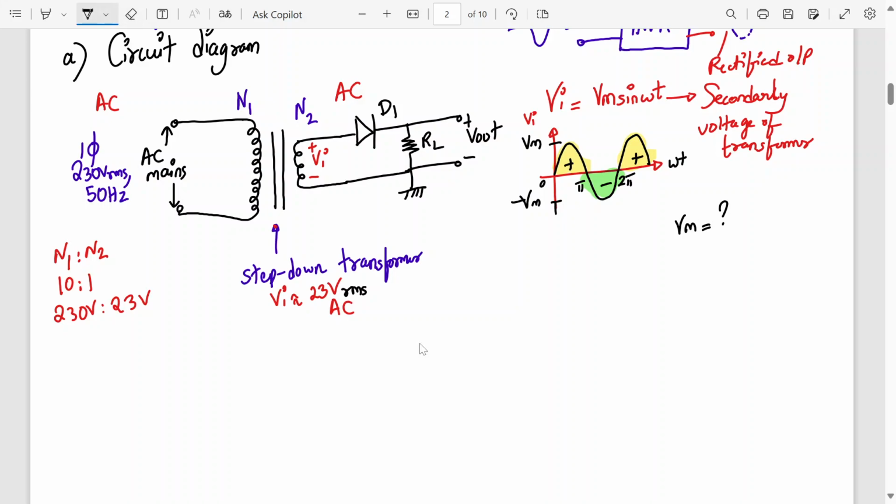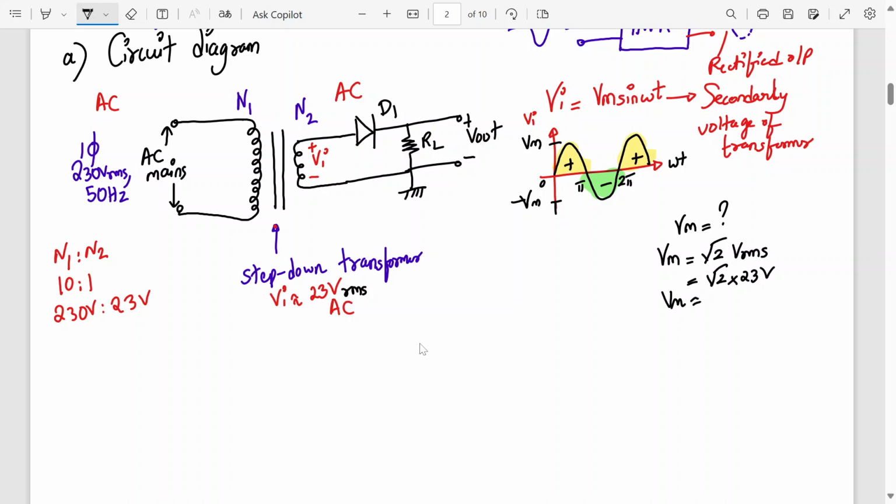Anyone knows what's the relation? Vm is root 2 times RMS, multiplied by root 2. So this is root 2 times 23 volt. So how much is that? Around 30 volt.